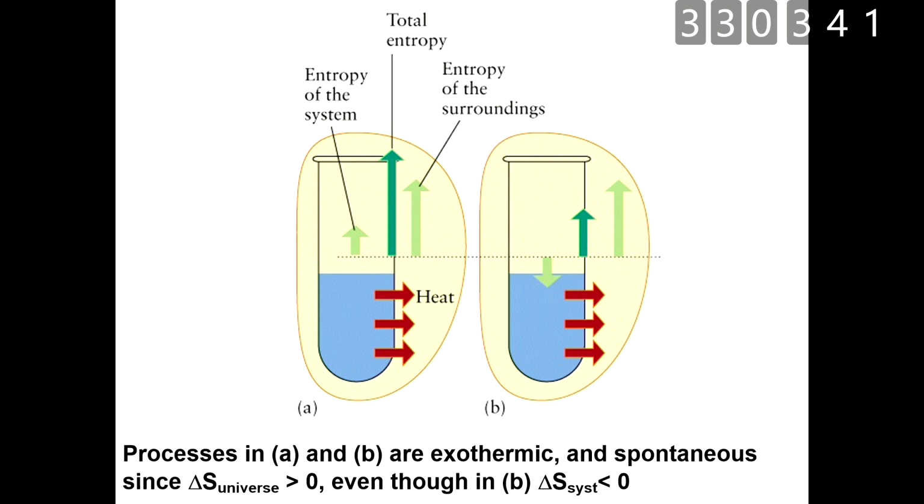So in this case, this reaction is also spontaneous. Why? Because the total entropy change is positive, because this decrease is less than the increase. Okay, so in this case, this reaction is also spontaneous.